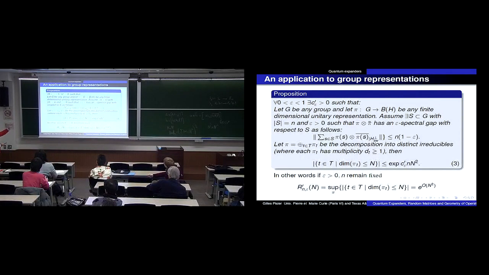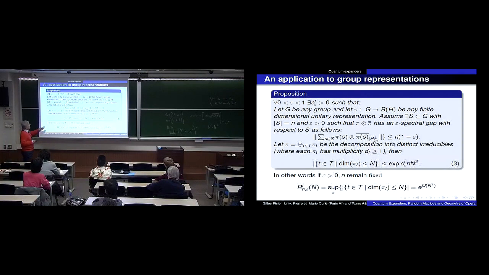But we just look at an arbitrary representation pi, and now we assume that the representation pi tensor pi bar, which I've already explained the bar before, has a spectral gap of the same kind, but now there might be a bigger invariant subspace. So we look at the invariant subspace for this representation pi tensor pi bar, and we compress, or we restrict, to the orthogonal of this invariant subspace. But other than that, the situation is similar.